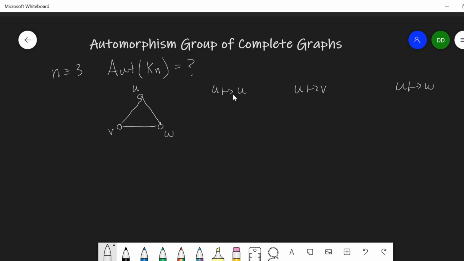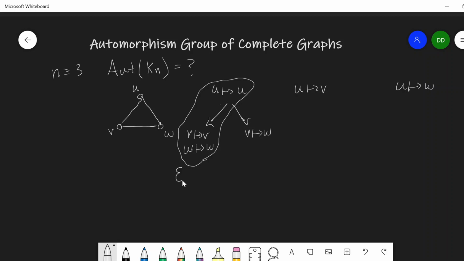So I actually have two options now coming off of sending U to U. Either I leave V fixed, so I'll send V to V, or I swap V and W, and V goes to W. So if I send V to V, in order for this to be a bijection, I need to send W to W. So this gives me one automorphism.